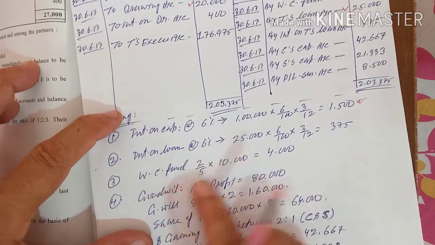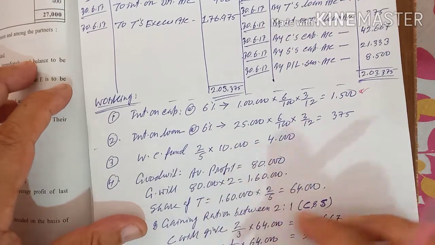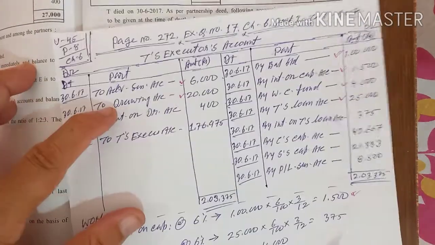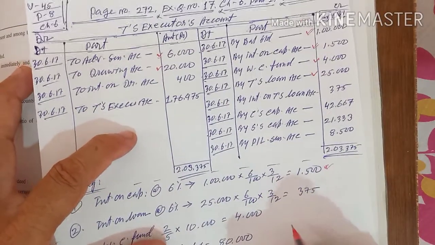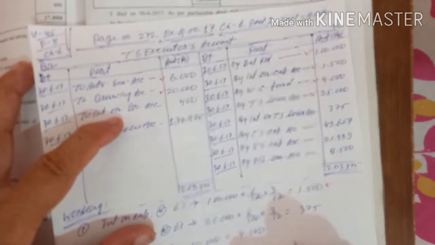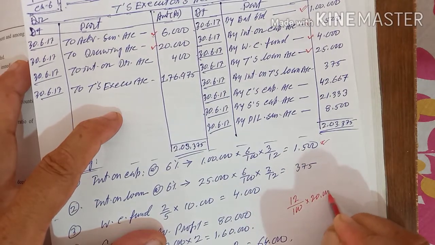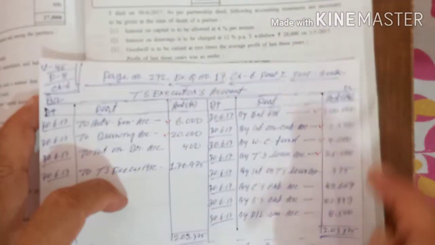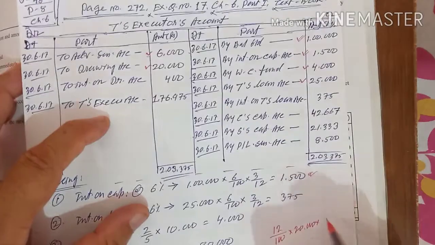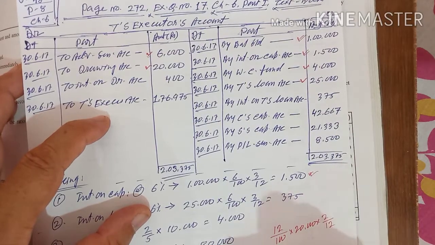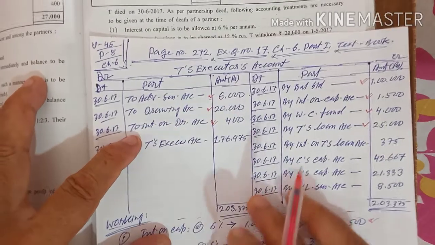Here I calculated interest on capital, interest on loan and Workman Compensation Fund, but I forgot to calculate this one, so I want to show you here. What is the percentage of interest on drawing? 12%. So 12 by 100 into 20,000 into not 3 by 12, but 2 by 12, because this is May, June. If you calculate it, you will get 400. That is called interest on drawing.